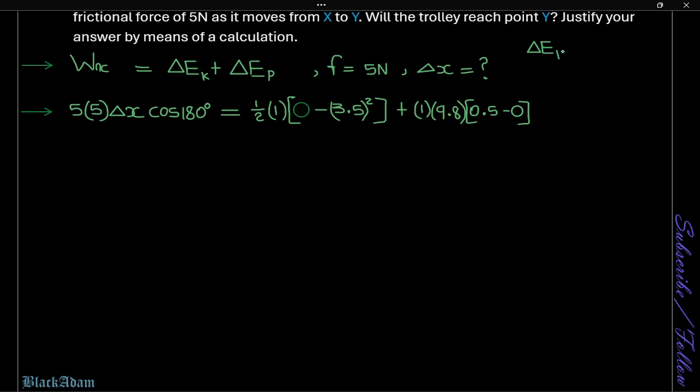And we know that change in kinetic energy is half m v final squared minus v initial squared, and then change in potential energy is mg multiplied by the difference of the height. That's the change in kinetic energy part that we just solved, and that's the potential energy part.